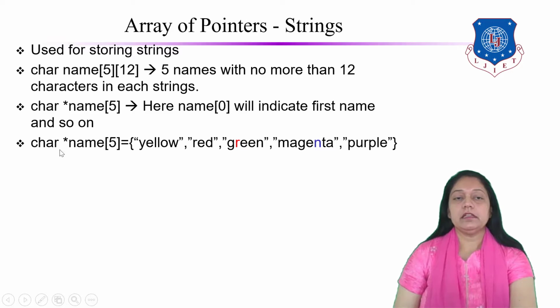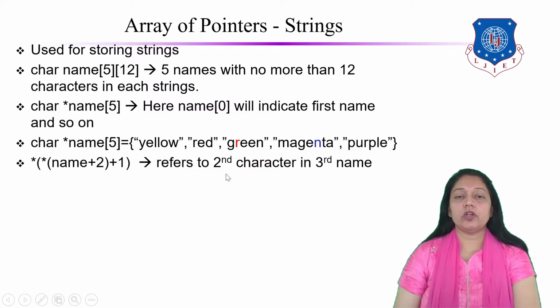Say for example, I have declared an array of pointers on strings. So use the char data type. I want to store 5 different names, so here I am storing 5 different colors. The first one is yellow, second is red, green, magenta, and purple. Now if I want to pick up any particular character of a particular color, say for example, if I write *(*(name+2)+1), it means third name and second character.